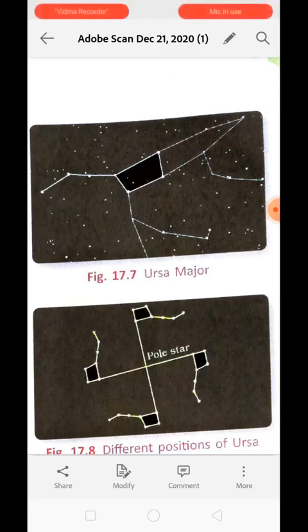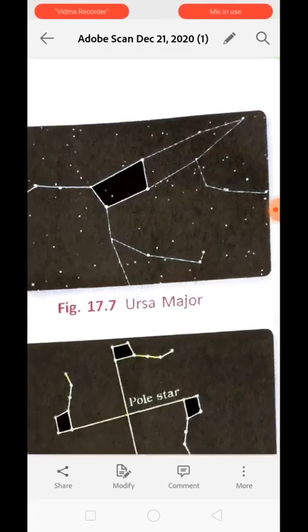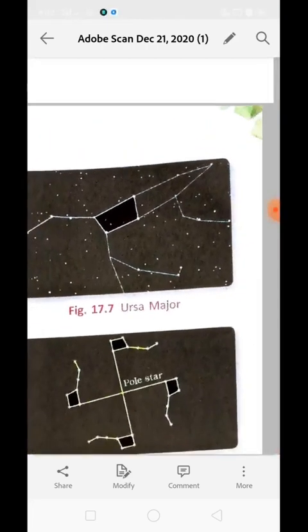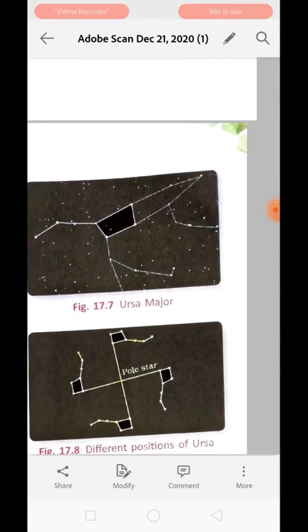Similarly, some constellations located in the northern hemisphere like Ursa Major may not be visible from some locations in the southern hemisphere. In the same manner, we cannot see the constellations visible from the southern hemisphere in the northern hemisphere. Understood? So this is the first constellation. 7 members are present and they appear to be rotating around the pole star. It is also known as Brihat Saptarishi, or the Great Bear.